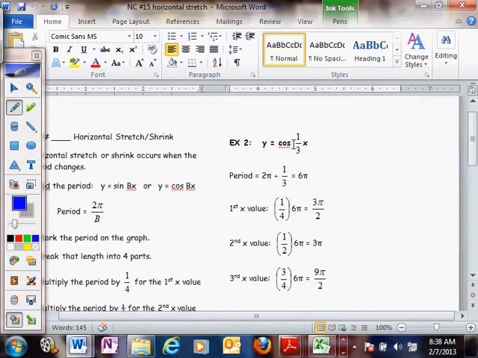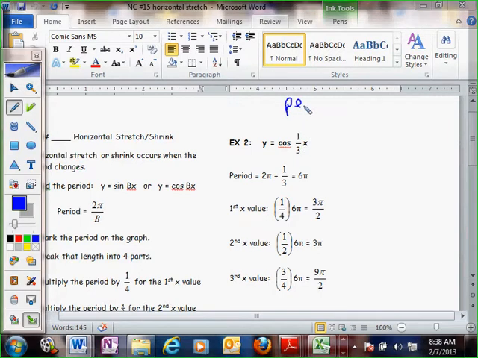And so here we have y equals cosine 1/3 x, so b is 1/3. So I find my period. Remember the new period is equal to 2 pi over b, or in other words, 2 pi divided by b.